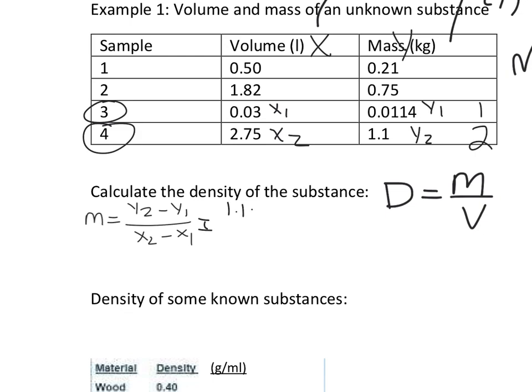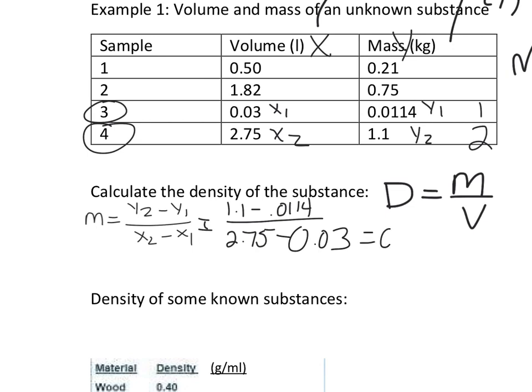I'm going to subtract 0.0114 from it. And then for my x2, 2.75, 2.75 again, minus 0.03.